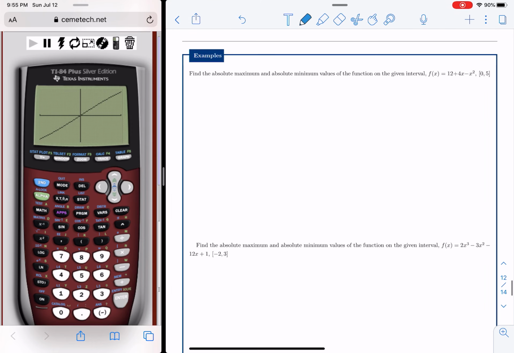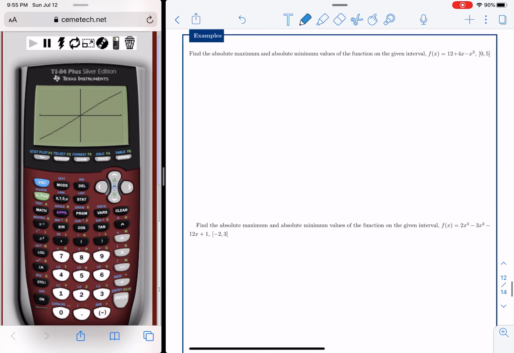So the purpose of finding critical numbers is to determine the maximum and minimum values of a function. So we could find the local minimum and maximum, and we could find the absolute minimum and maximum just by finding the critical values.